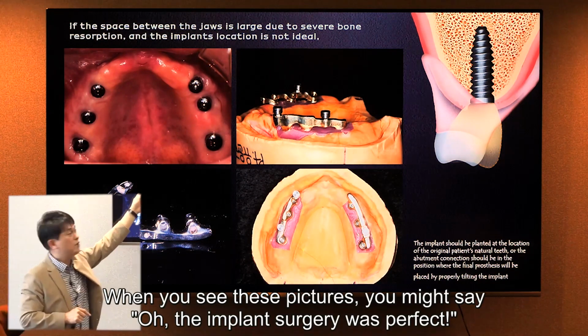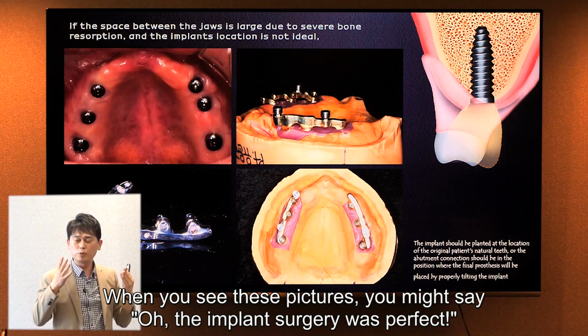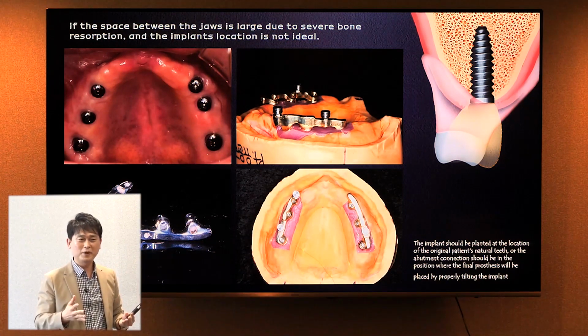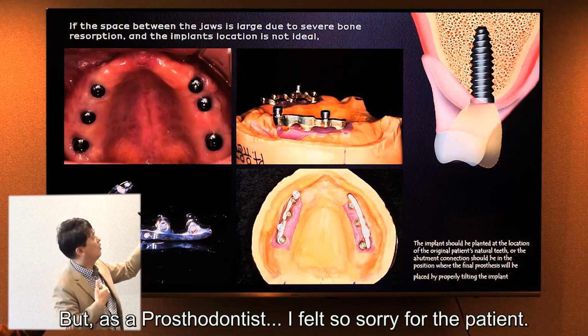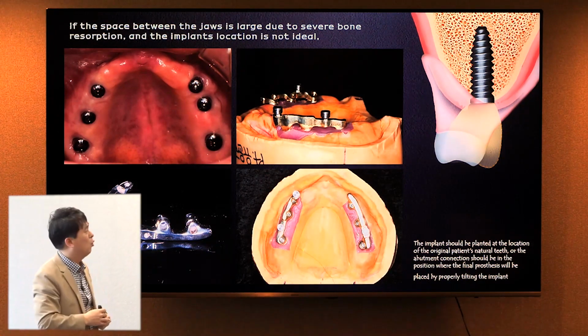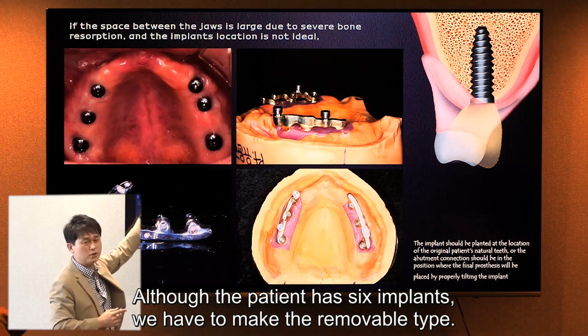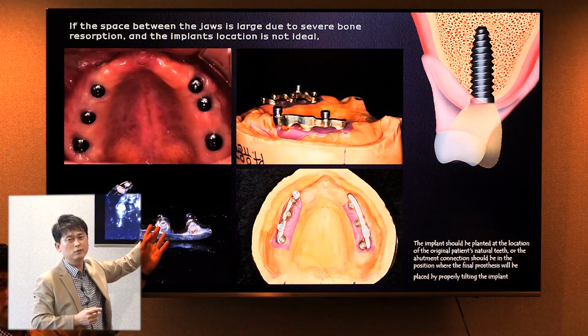When you see these pictures, you can say, "Oh, the implant surgery was perfect." But as a prosthodontist, I'm so sorry to the patient. Although the patient has 6 implants, we have to make a removable prosthesis. Why?